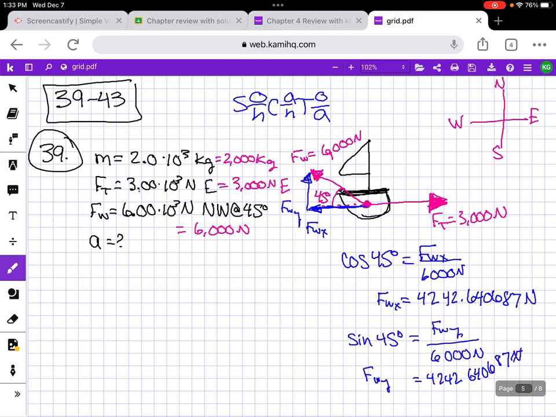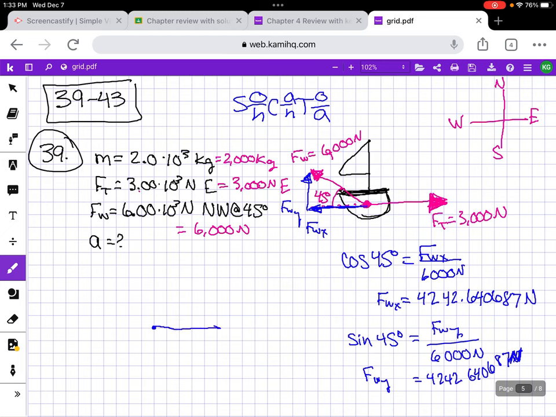Okay. So we've got our force of the wind in the y, force of the wind in the x, and we are going to add it to our force of the tide. So I'm just going to do like a total sum of my forces here.